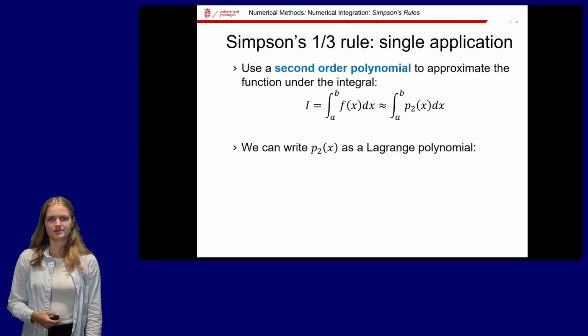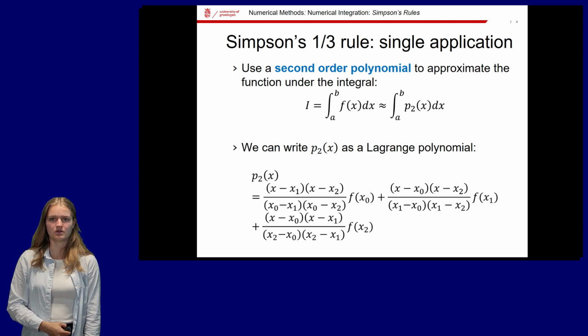We can write this polynomial using Lagrange format. Recall from the video on Lagrange interpolation that we can write a second order polynomial like this. These are the L functions times the y values.